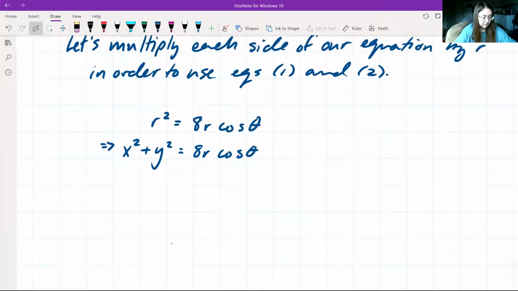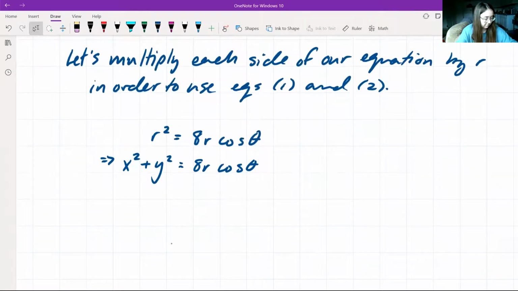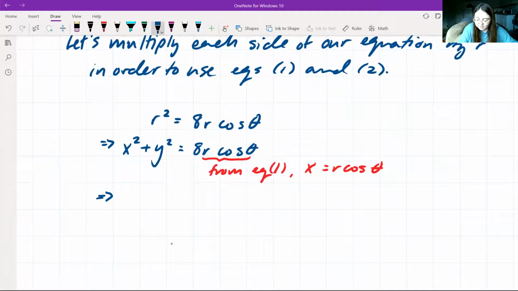Now we can also identify that from equation 1, x is equal to r times cosine theta. So this again is going to now turn into x squared plus y squared is equal to 8x.